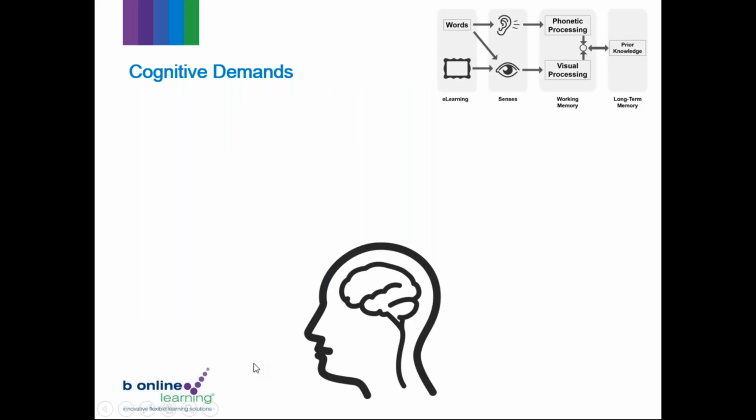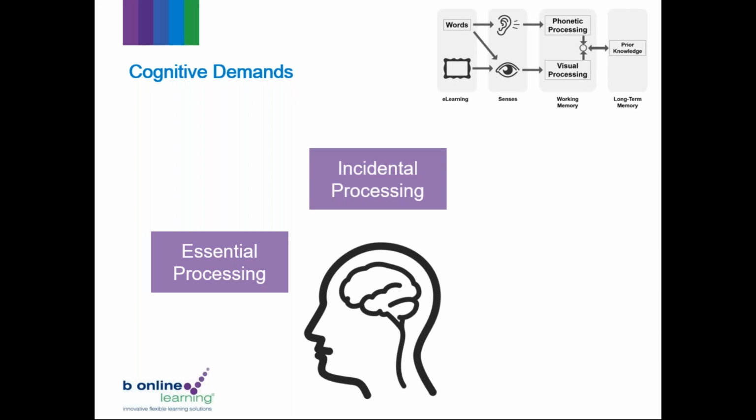Now, when we look at the cognitive demands placed on people when they are doing multimedia or e-learning, there are three kinds of cognitive demands. The first one is called essential processing. That's what people need to do to make sense of what they're being presented. Another form of demand is called incidental processing.